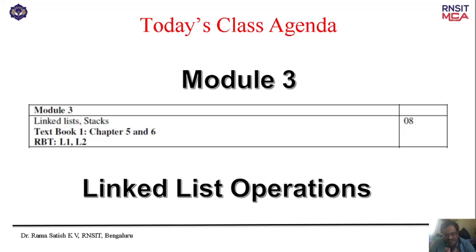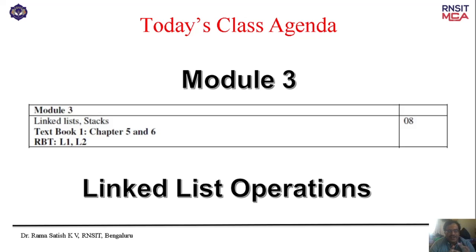So yesterday in the previous class we discussed what is a linked list. A linked list is a collection of data in the form of nodes, and each node has two parts. One is the information part that stores the data.